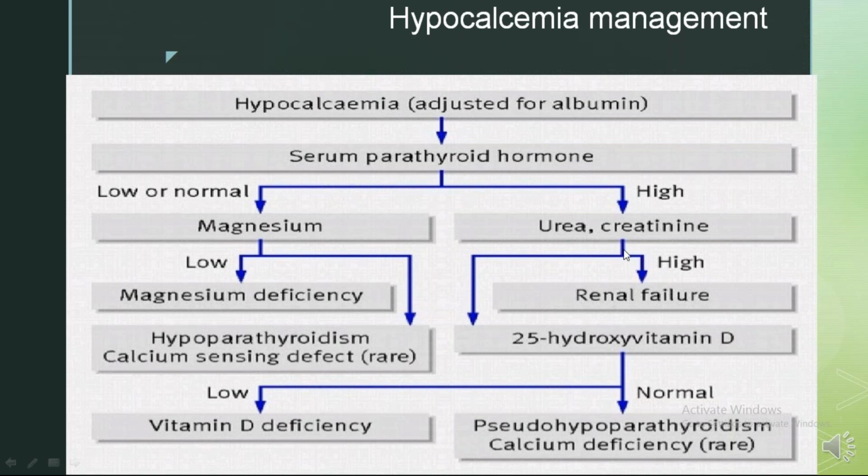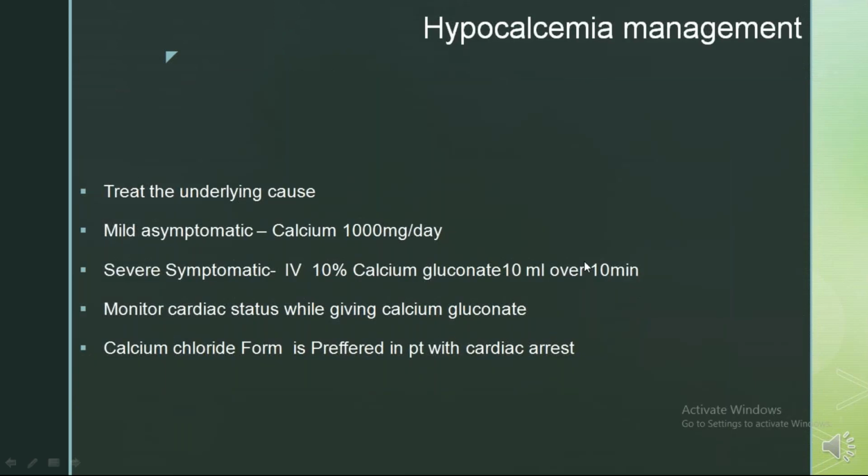If these are high, it could be due to renal failure. Hyperparathyroidism secondary to renal failure can be seen, secondary and tertiary. Then you need to look for 25 hydroxy vitamin D. If it is low, it is vitamin D deficiency. If it is normal, then pseudohypoparathyroidism or calcium deficiency.